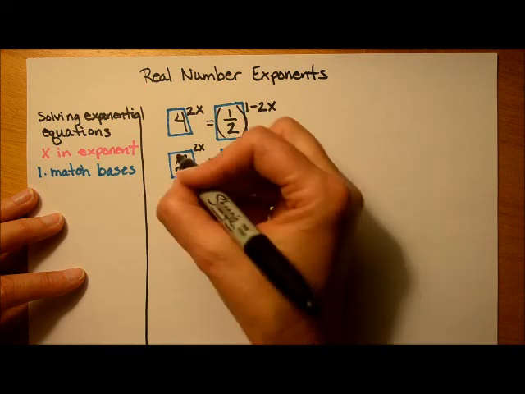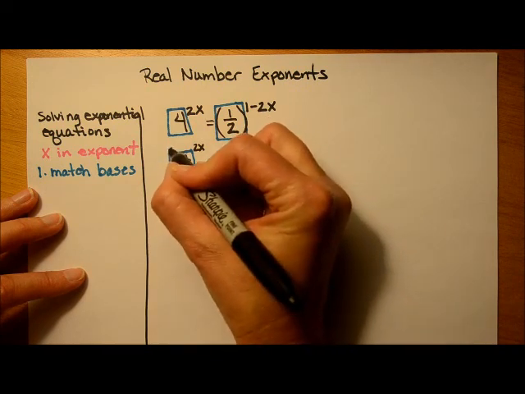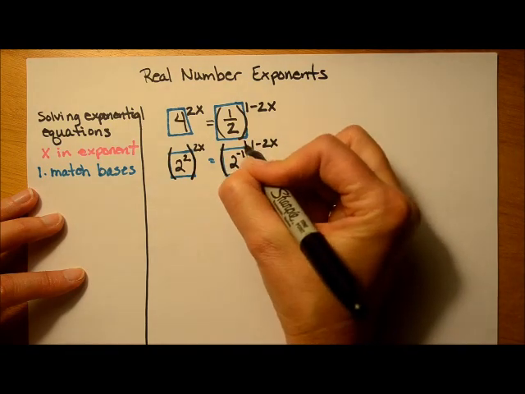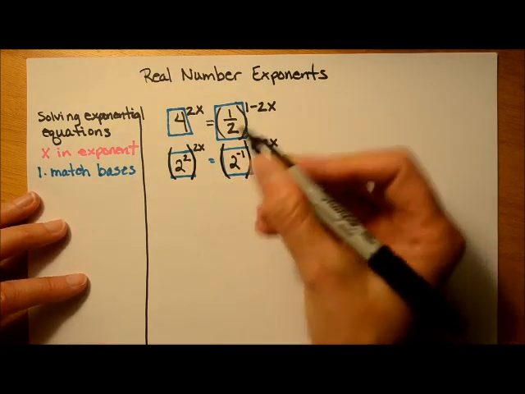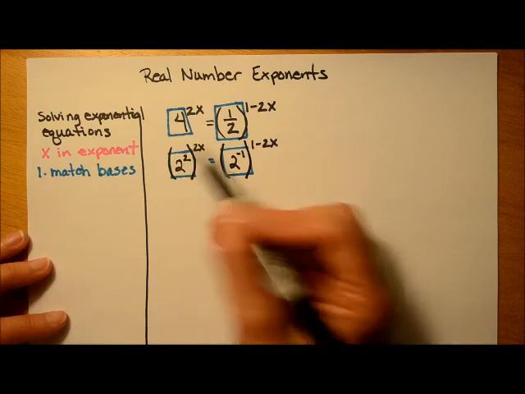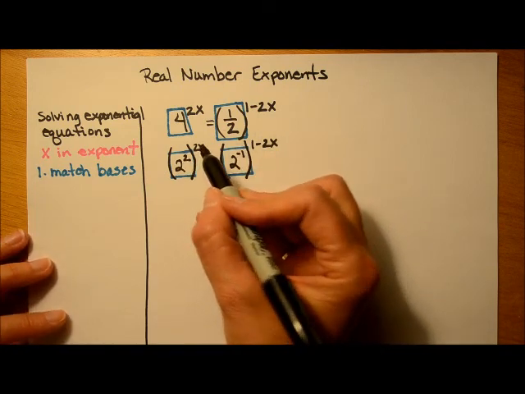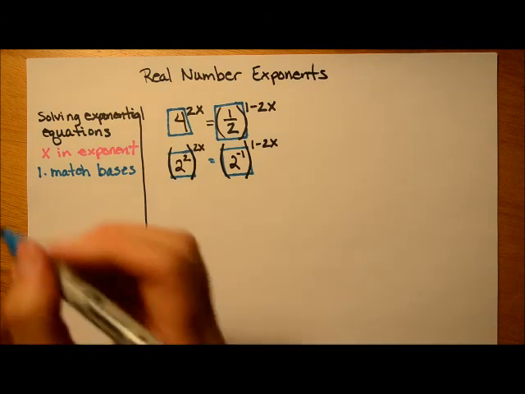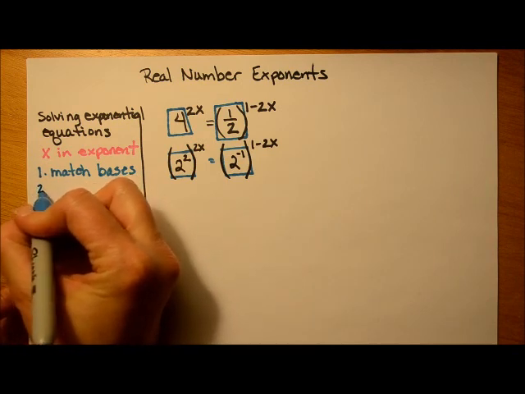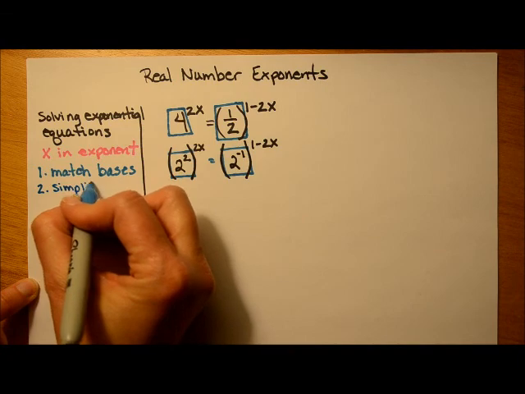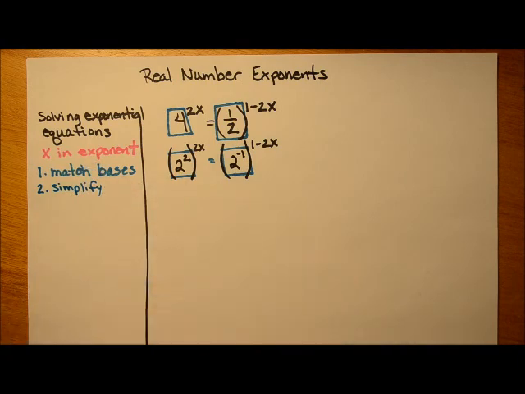Okay, well, I'm going to draw in some parentheses here. And I'm going to simplify, because I'm going from a power to another power. So my next step is simplify. And maybe you can, maybe you can't. This one you can.